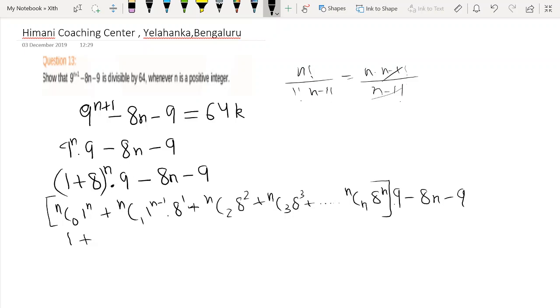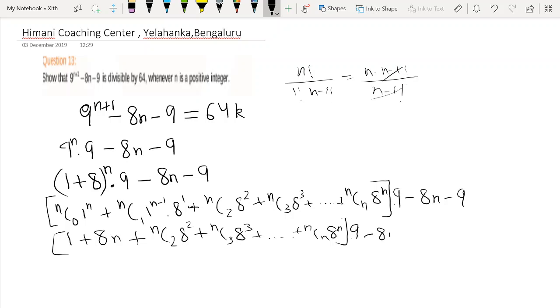So I will write here 8n, because 8 gets multiplied with this, and then we have the expression nC2 8 square plus nC3 8 cube, like this we go till nCn 8 raised to power n. This whole thing is getting multiplied with 9, and then we have minus 8n minus 9.